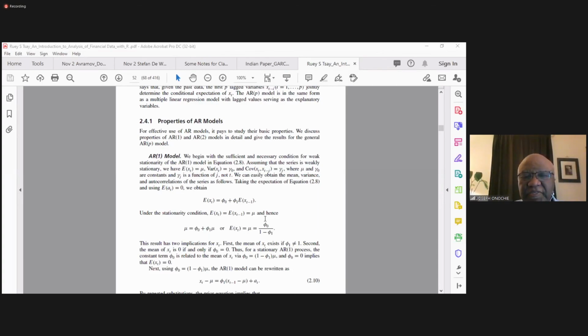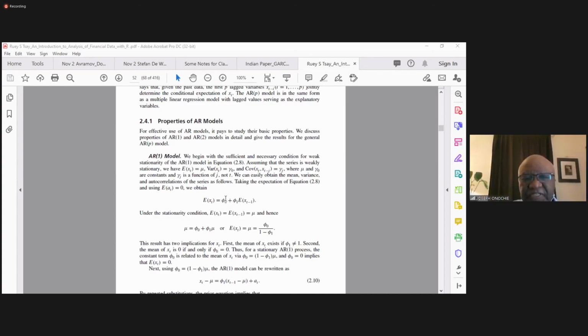Everybody look at this term. You see that? The expected value of this process is equal to the first term divided by 1 minus phi1. Everybody see that, right? Yes. Okay.